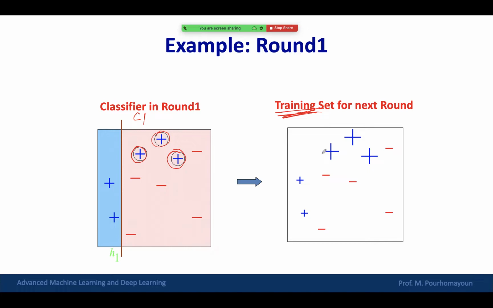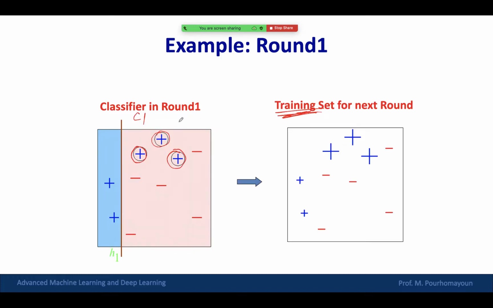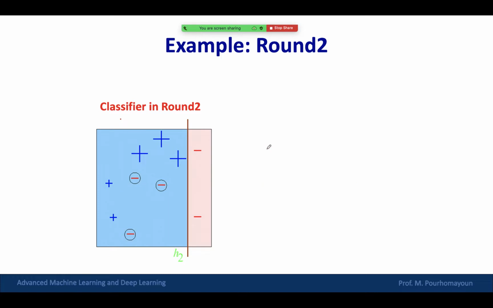Now this is the second classifier, which I'm training using this new training set. So in fact, I changed the training set in each round. Again, a very simple classifier.